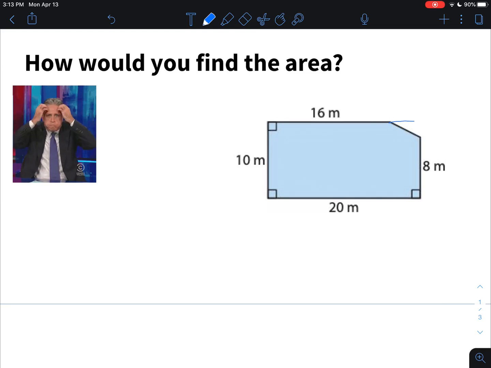So what that means is I could actually fill in this triangle right here. I could fill this in, and then what shape does that give me? It gives me a rectangle. So I know how to easily find the area of the rectangle. The whole total area is length times width.